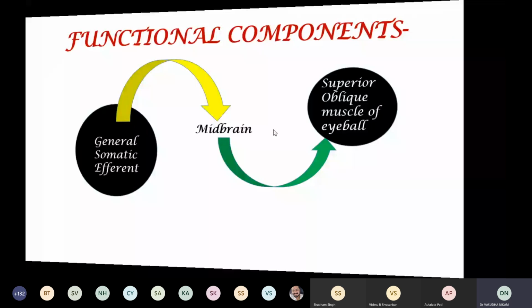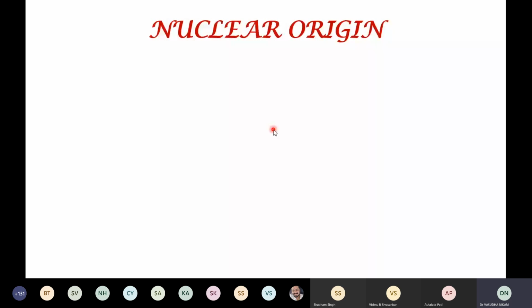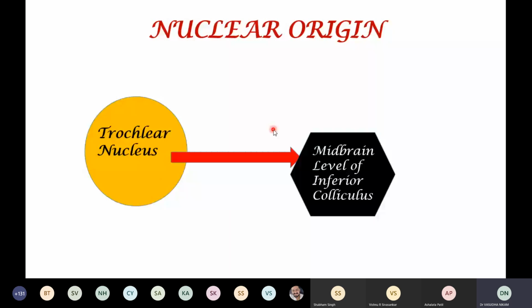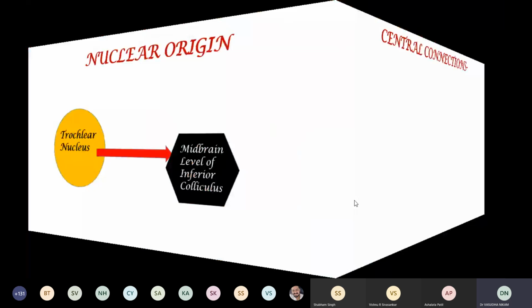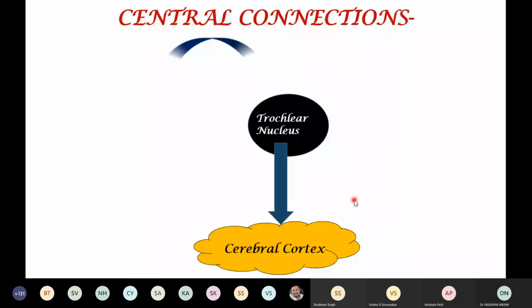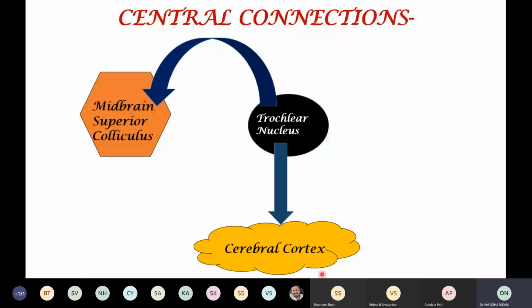Go for the nuclear origin. We have seen the trochlear nucleus is present in the midbrain, at the level of the inferior colliculus, just below the oculomotor nucleus. In a similar fashion, from the cortex we get corticonuclear fibers here. These corticonuclear fibers come from area number 4 and area number 6, projected by both cerebral hemispheres.